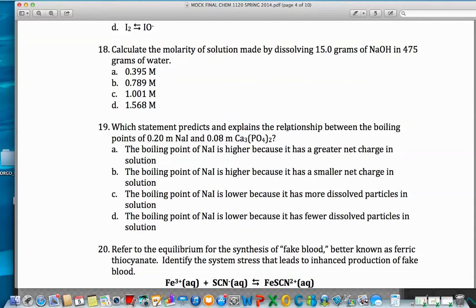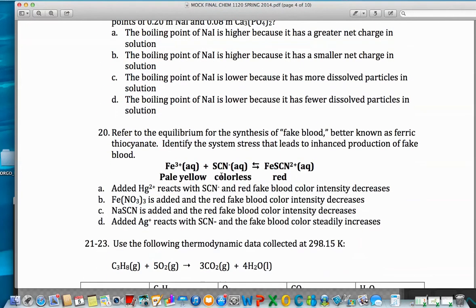There's more solute particles in the calcium phosphate. The boiling point of calcium phosphate will be higher, so we can get rid of A and B. And the best answer will be D. It's lower because it has fewer dissolved particles in solution as compared to calcium phosphate. So number 19, the credited answer will be D.